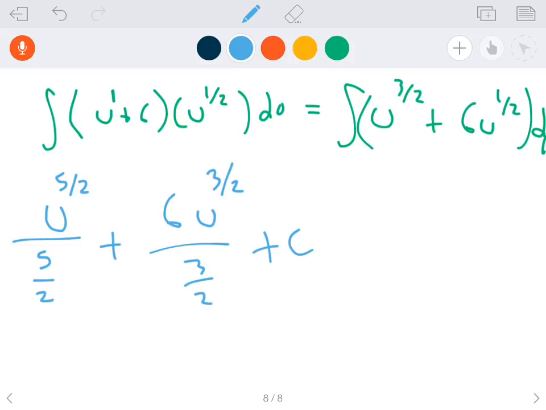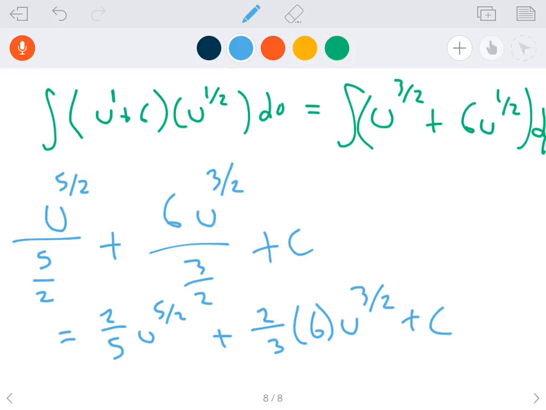Let's simplify my fractions. So that's 2/5 u to the 5 over 2 plus 2/3 times 6 u to the 3 over 2 plus c. That'll cancel, that'll be 2 times 2, that's going to be 4.